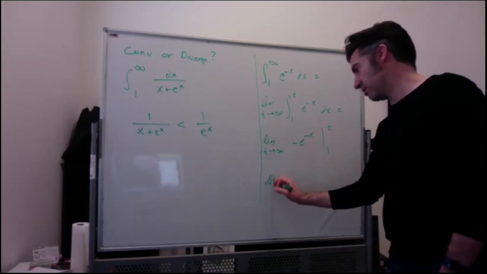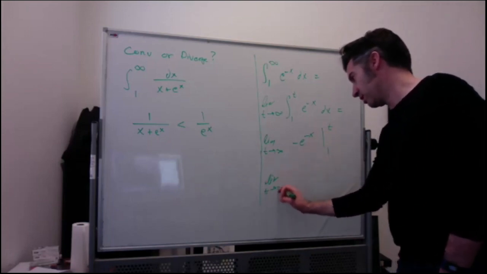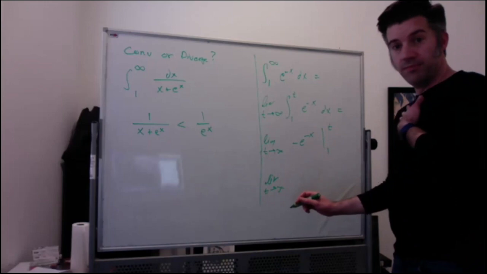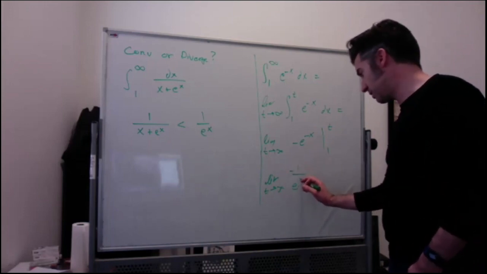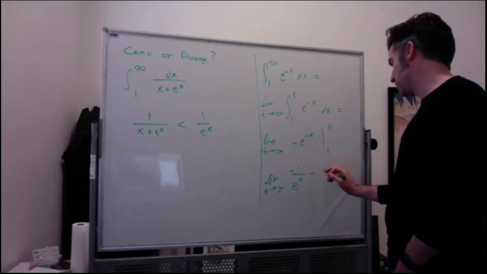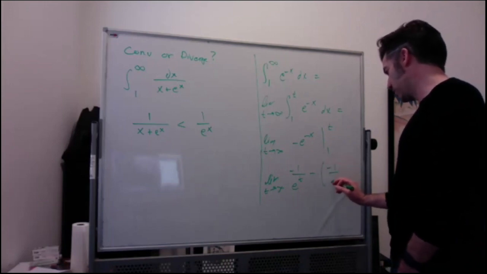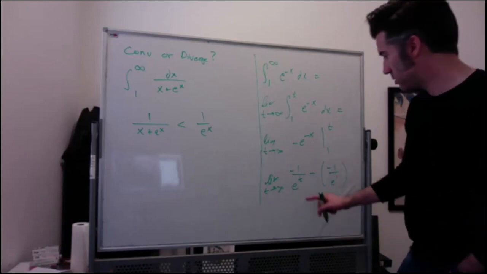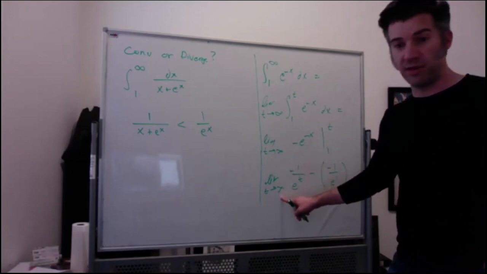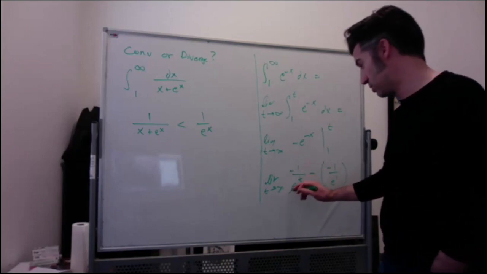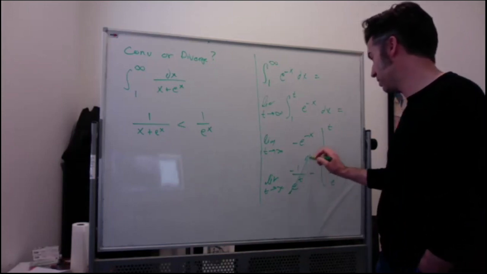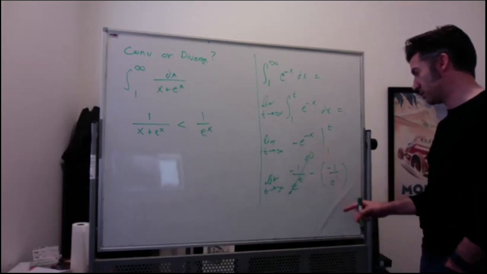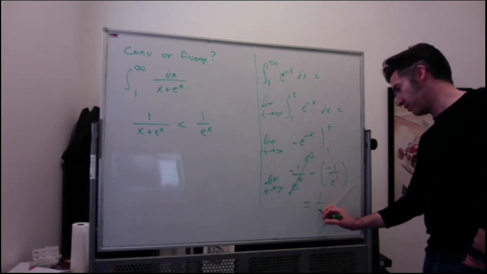I'm going to write this as the limit as t goes to infinity of negative 1 over e to the positive t minus negative 1 over e to the 1. So the limit of this, well, as t goes to infinity, e to the t goes to infinity, so this fraction goes to 0. And minus minus is plus 1 over e.